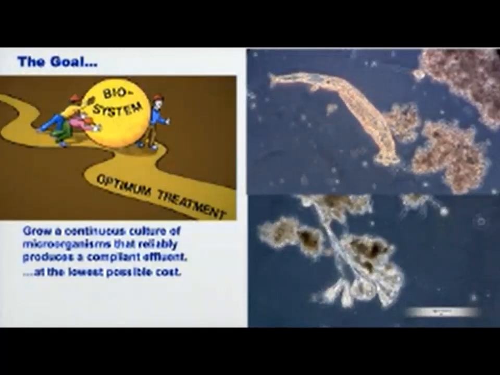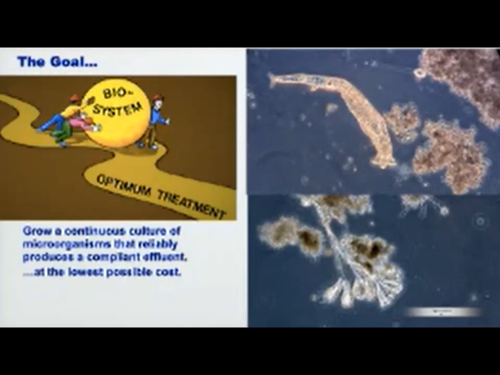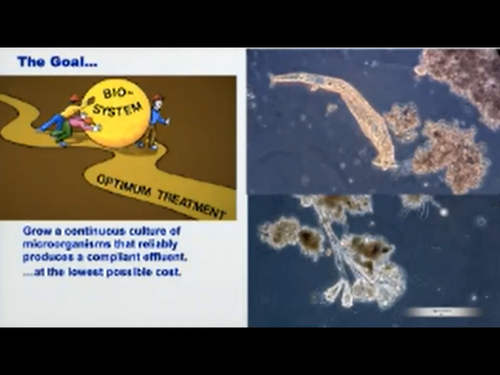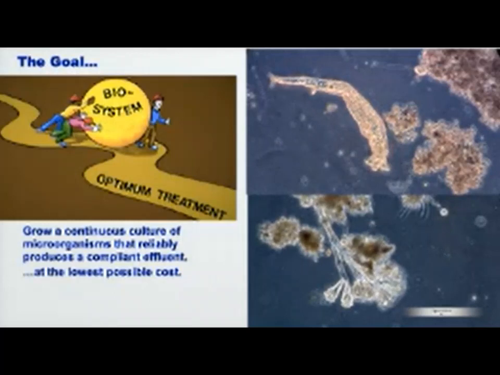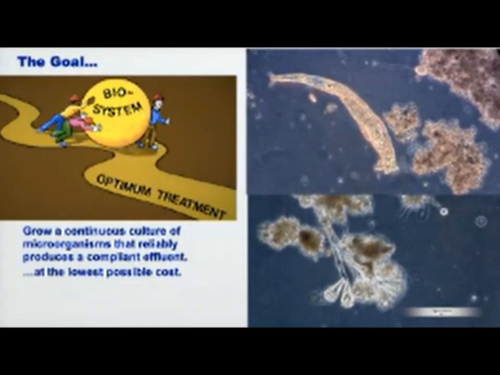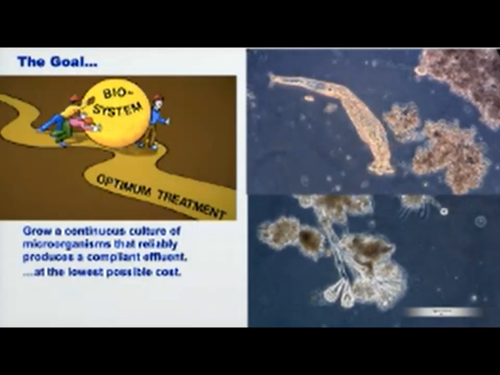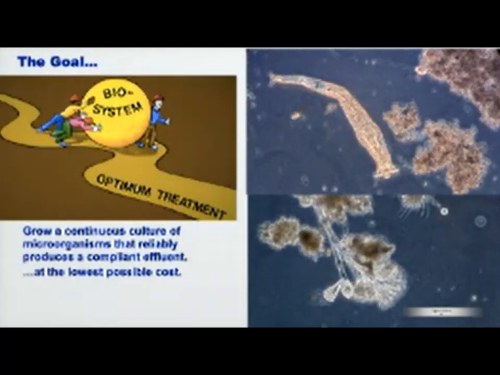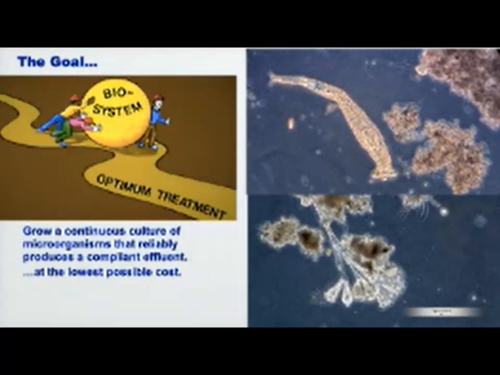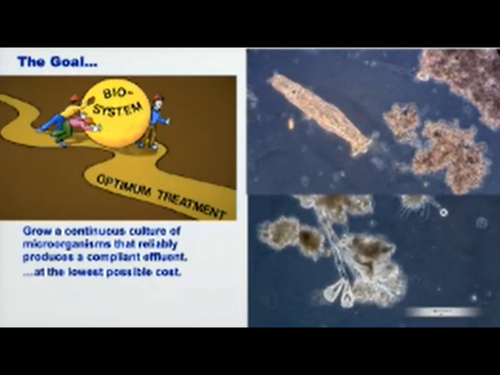Now, our goal as operators is to achieve some sort of optimum treatment. Well, that's kind of a throwaway concept on its face, but in reality, it is about that. The optimum treatment isn't a straight path, as you very well know. We get rain events, we get industrial contributors, we get all kinds of curveballs sent to us.